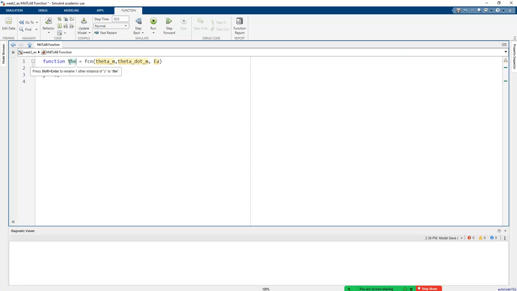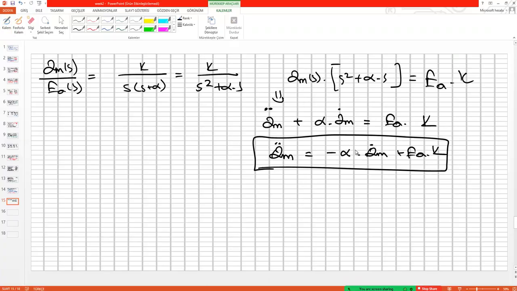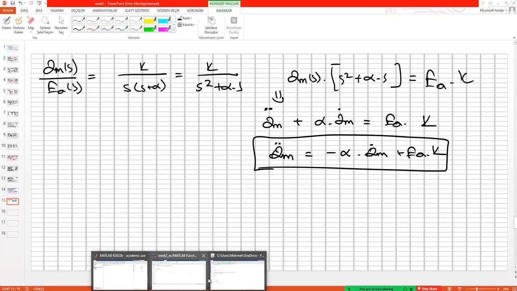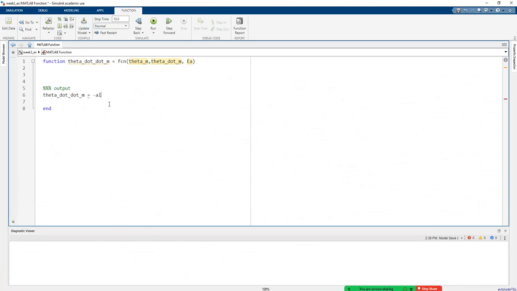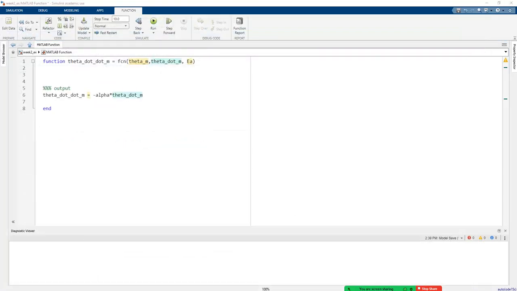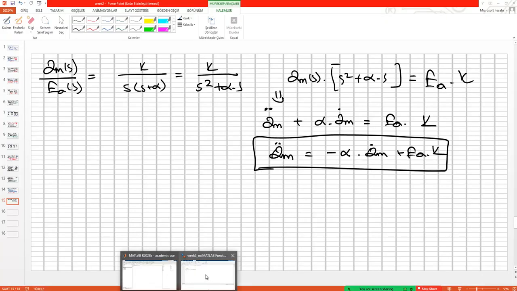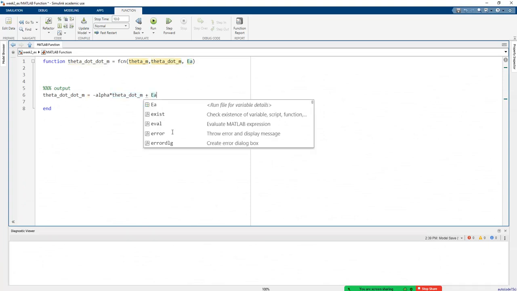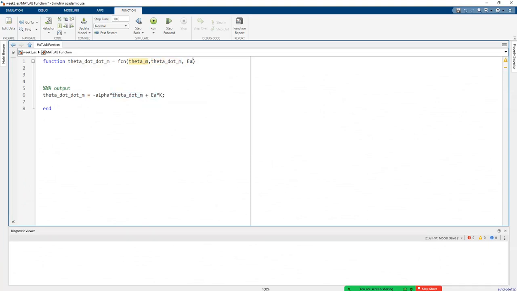Output theta m dot dot must be equal to minus alpha times theta dot m, plus EA times K, and so the K and the alpha must also be given to this equation.